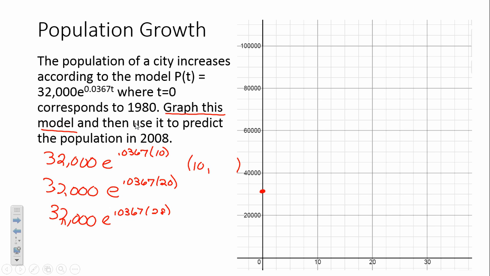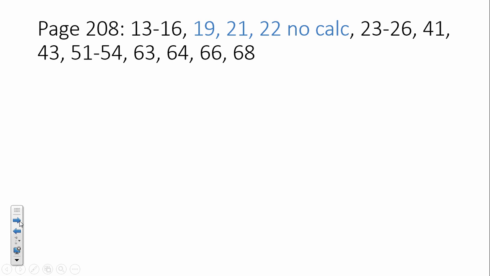So do you ever wonder where these equations come from? Do they just pick them and pull them out of a hat? Just randomly generate? All right. So here's your assignment.